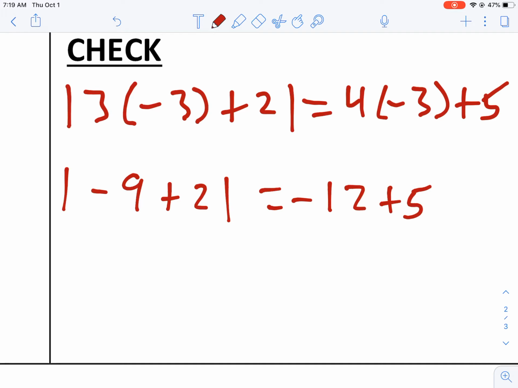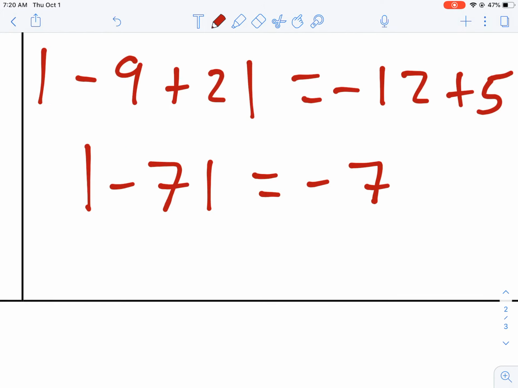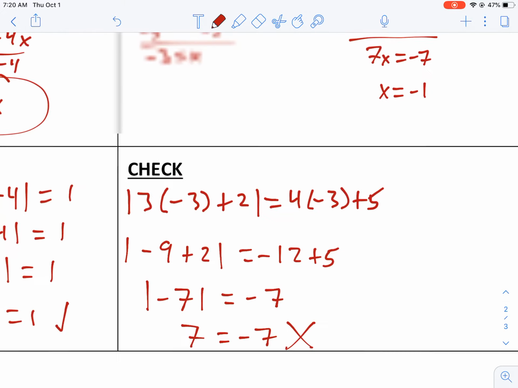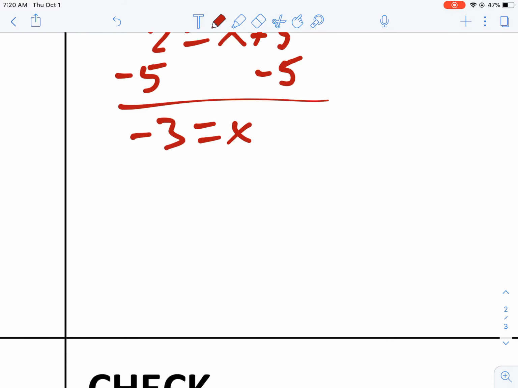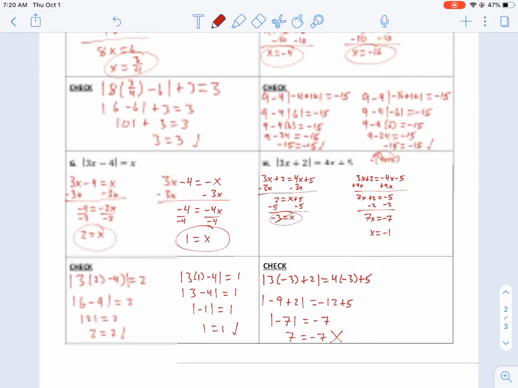Negative 9 plus 2, that's negative 7. Negative 12 plus 5, that's also negative 7. Now, is this case true? No, it is not. The absolute value of negative 7 is positive 7, but this stays negative 7. So does 7 equal negative 7? No. So this is actually not an answer.